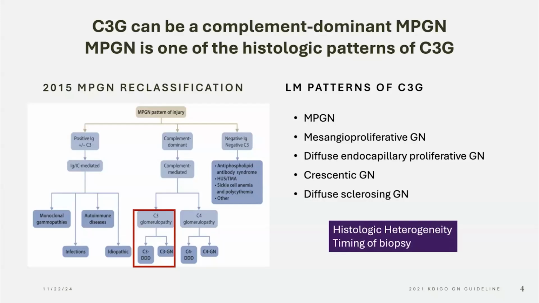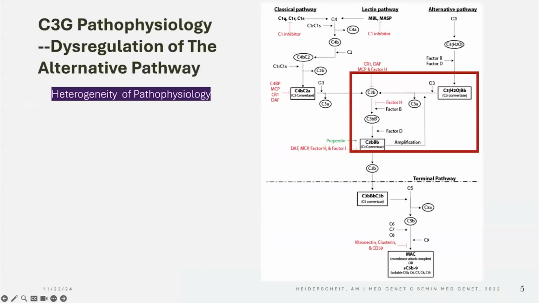So the light microscopy manifestation may depend on the timing of kidney biopsy. Up to 16% of patients shift from C3G to immunocomplex-mediated MPGN and vice versa when a kidney biopsy is repeated. There is no clear cut between these two diagnoses.